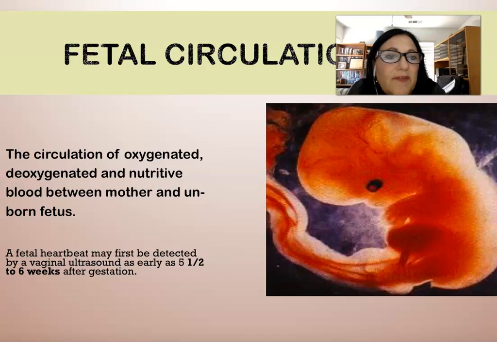Now, the fetal heartbeat can be heard at about 5.5 to 6 weeks of gestation. And so that means that the fetal heart is fully formed, and so is its entire circulatory system.